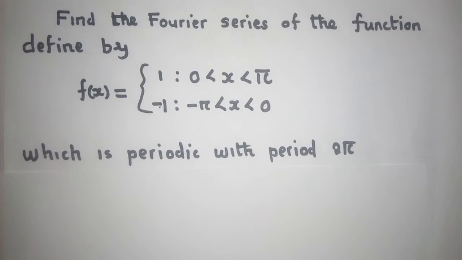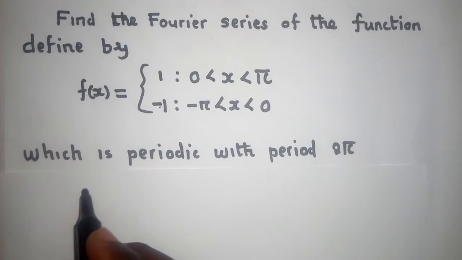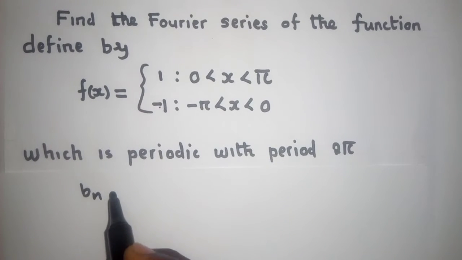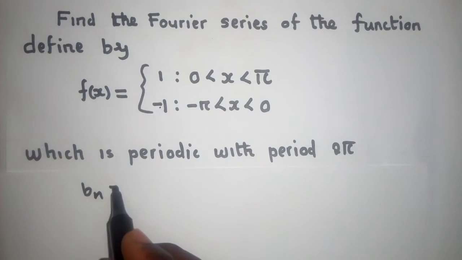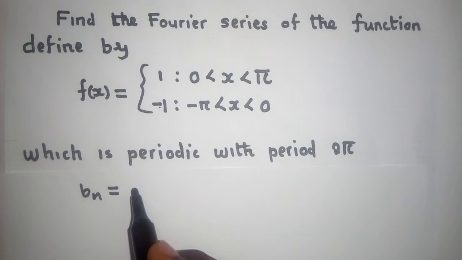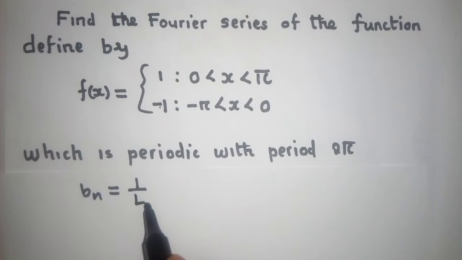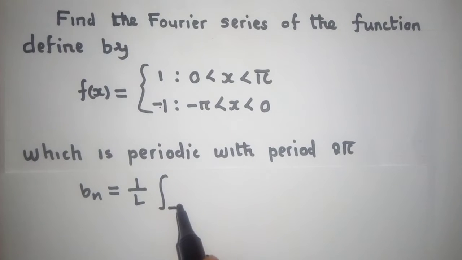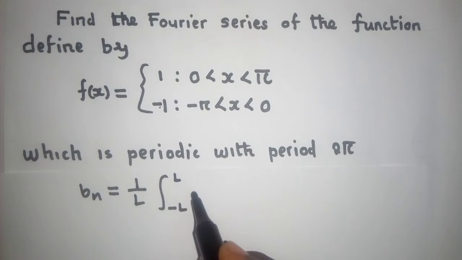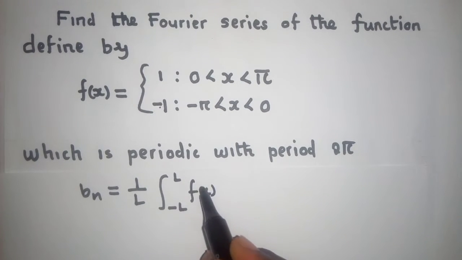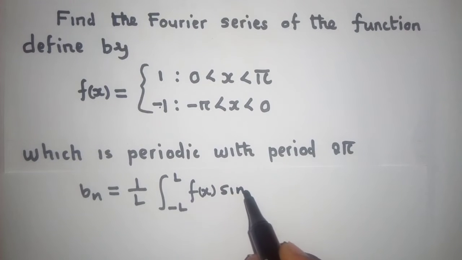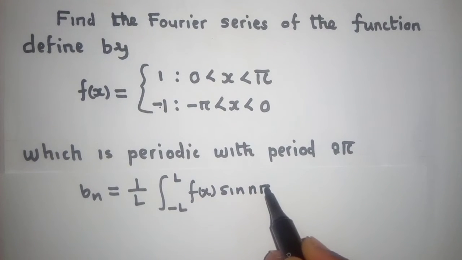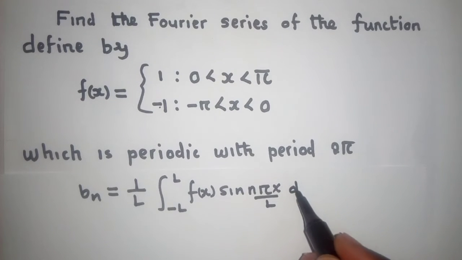So let me write the formula here. Bn is equal to 1 over L, limits from negative L to L, f of x sine n pi x over L dx.